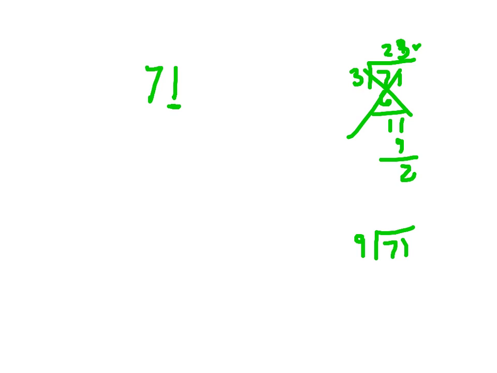No, we know that 7 times 9 is 63. That's not going to go in evenly. So 71, I'm going to go ahead and say that is prime.